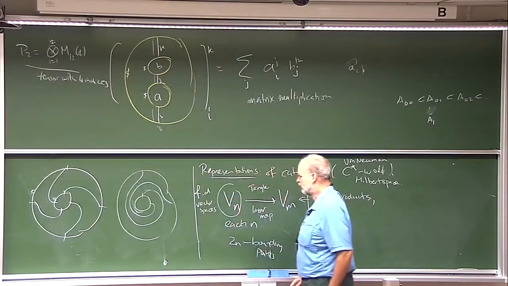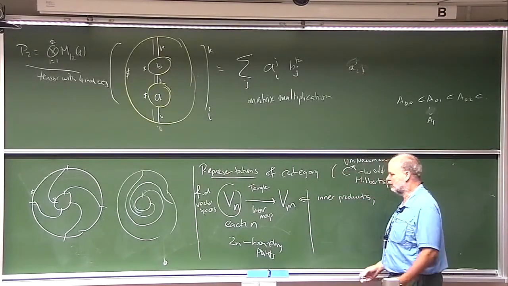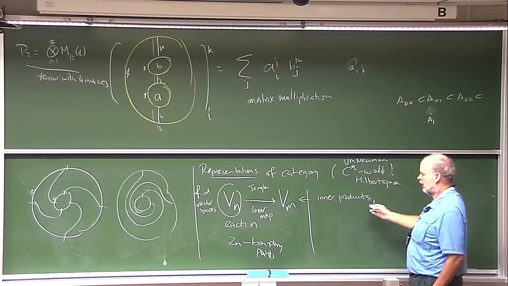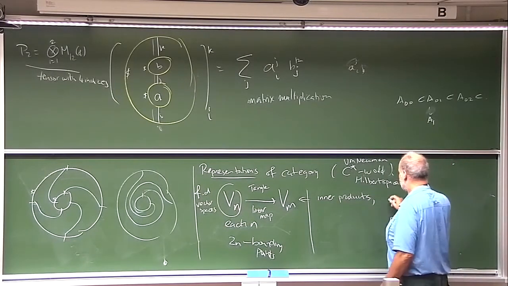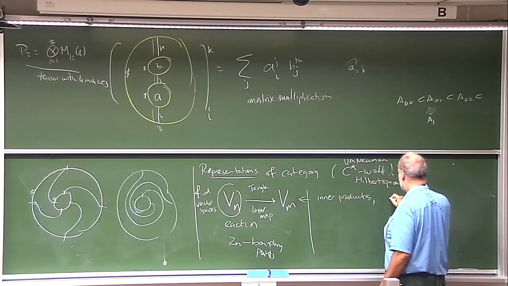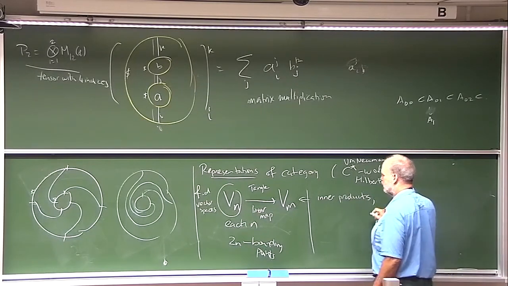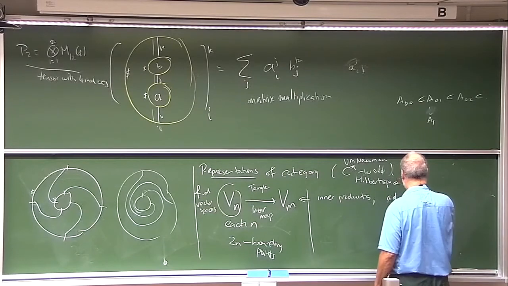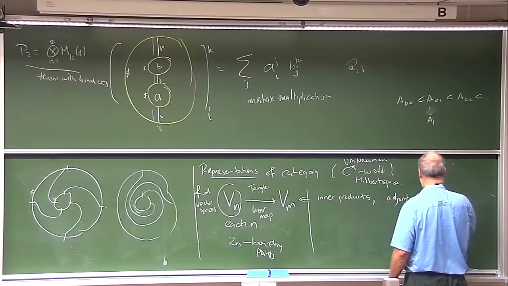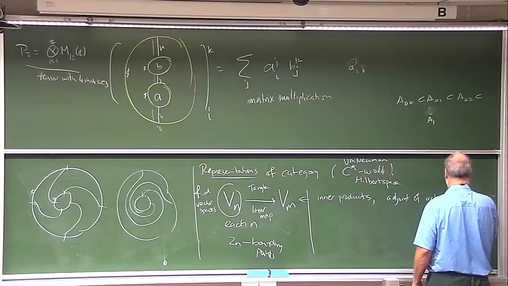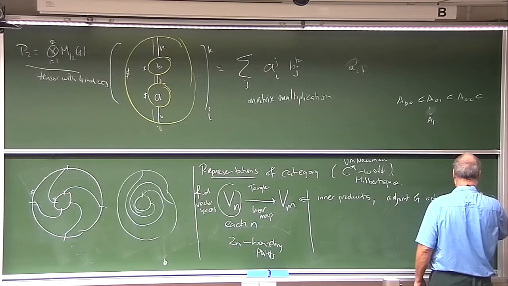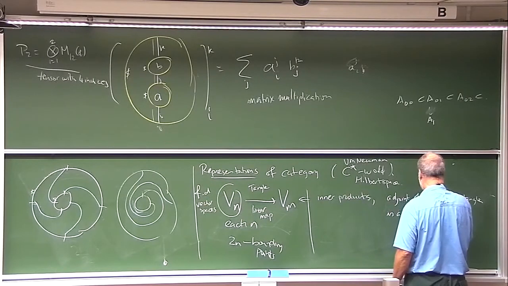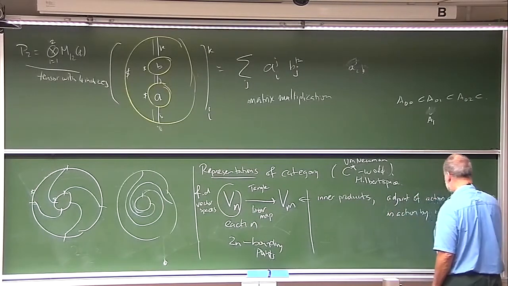They're going to have inner products, and the interaction is that the adjoint of the tangle is action by the mirror tangle.